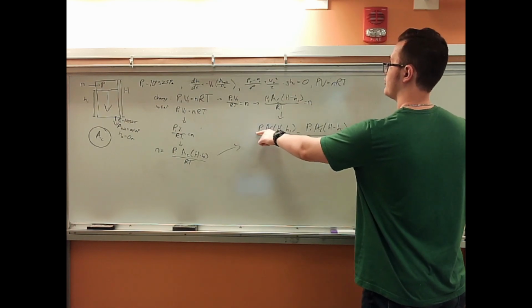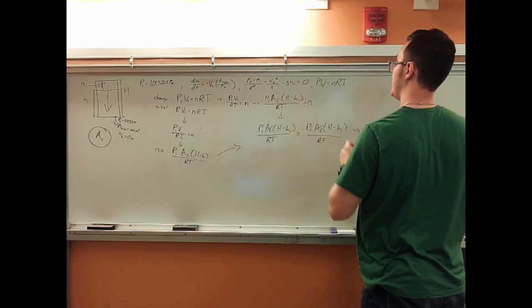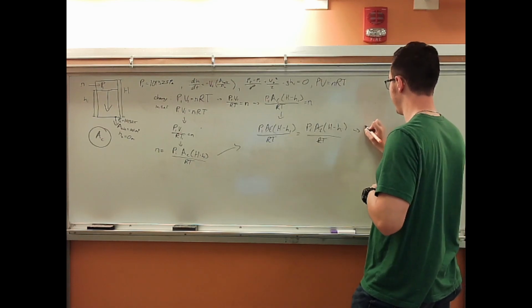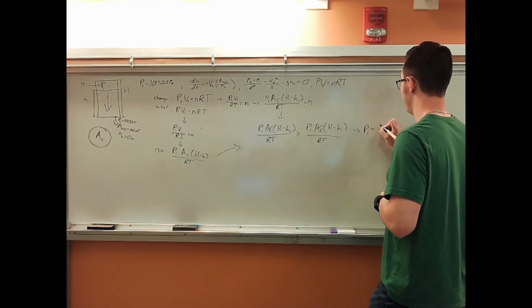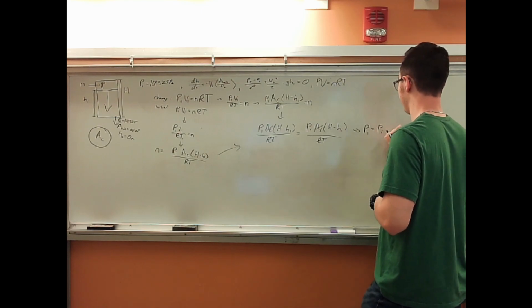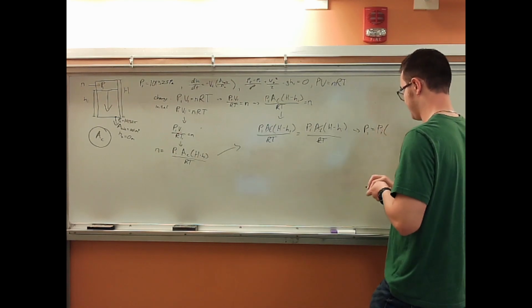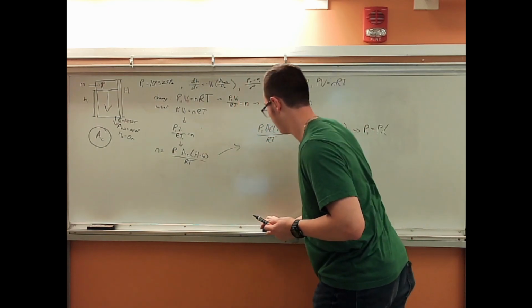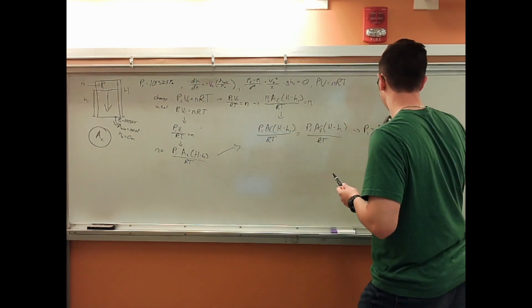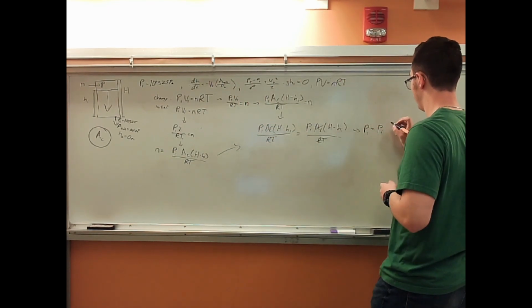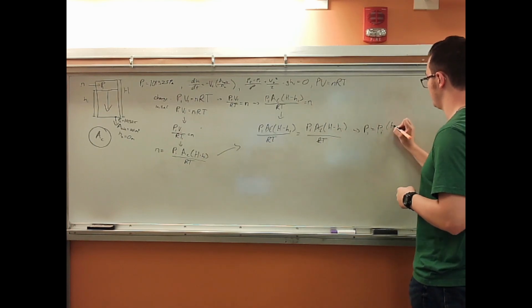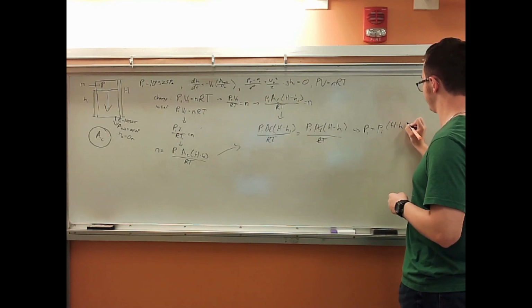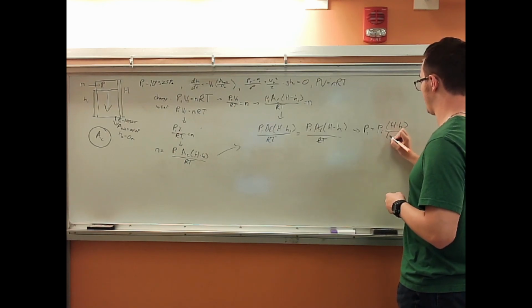It goes to, we want to find P1 to substitute in here. The pressure at state 1 is equal to Pi, the initial pressure, times the initial height difference divided by the changing height difference.